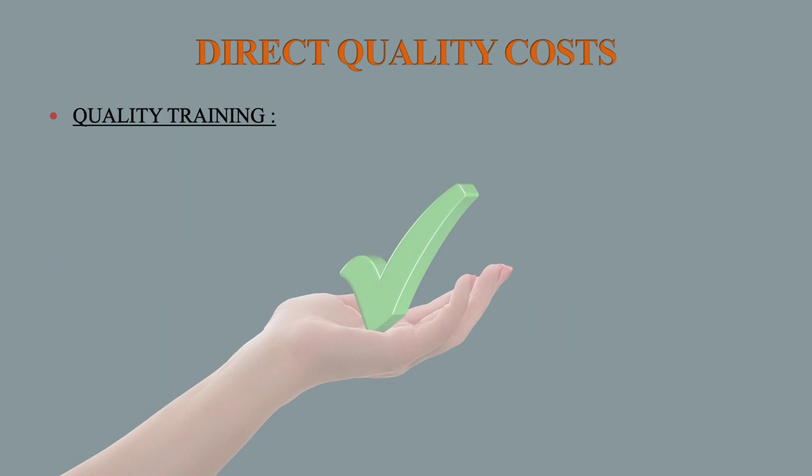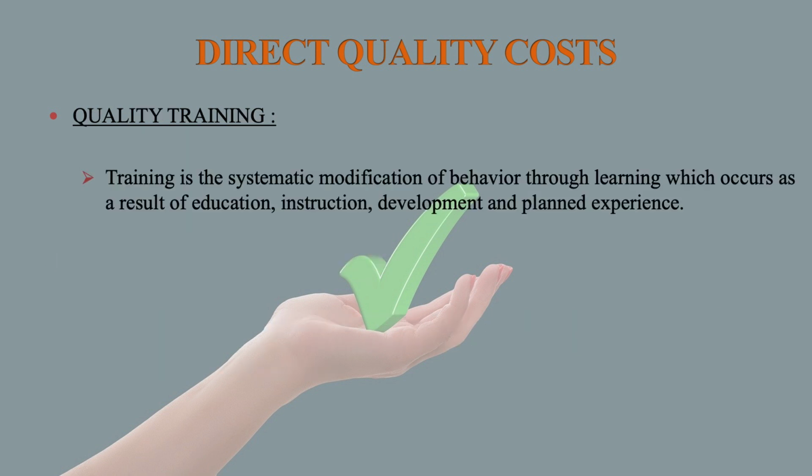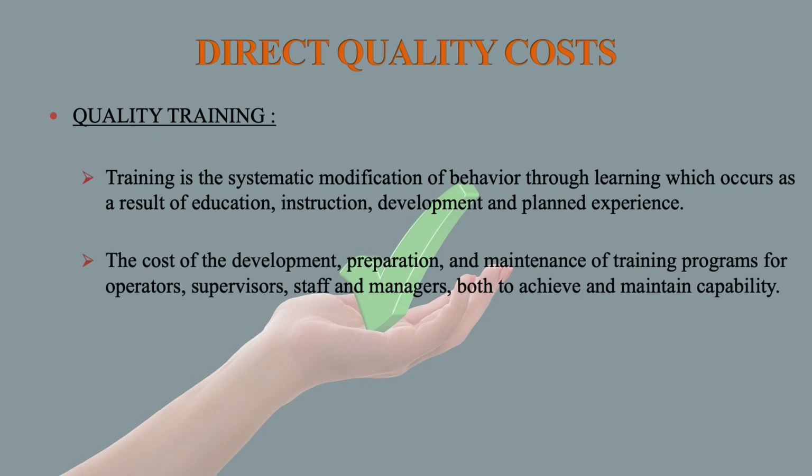Quality training. Training is the systematic modification of behavior through learning which occurs as a result of education, instruction, development and planned experience. The cost of the development, preparation and maintenance of training programs for operators, supervisors, staff and managers, both to achieve and maintain capability.